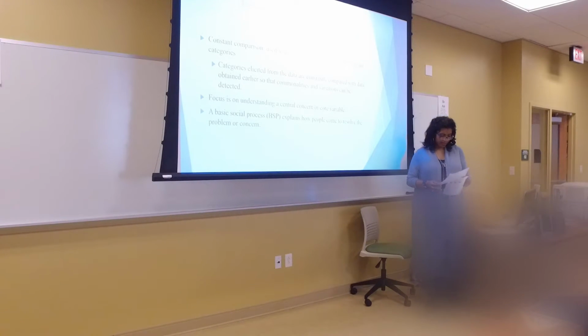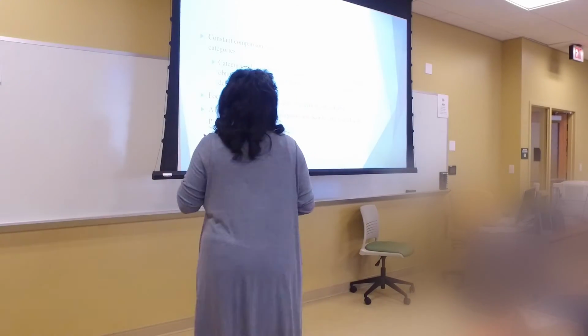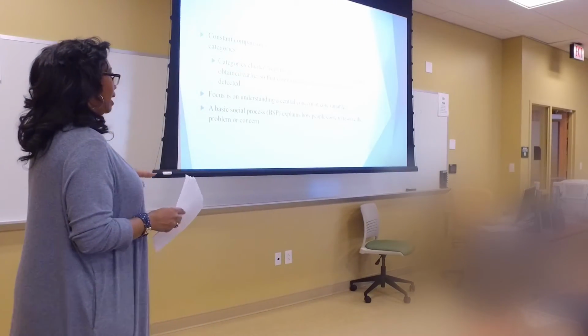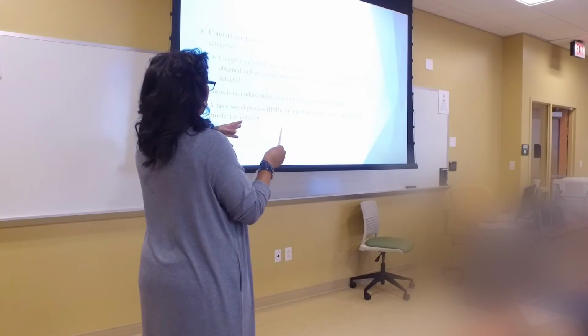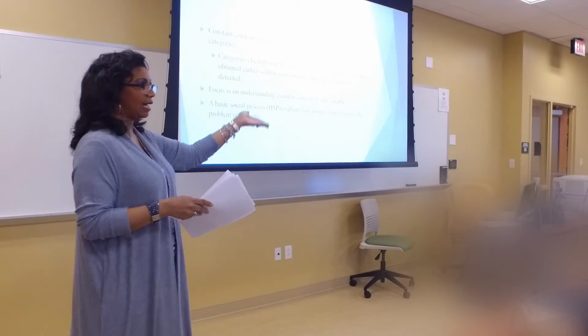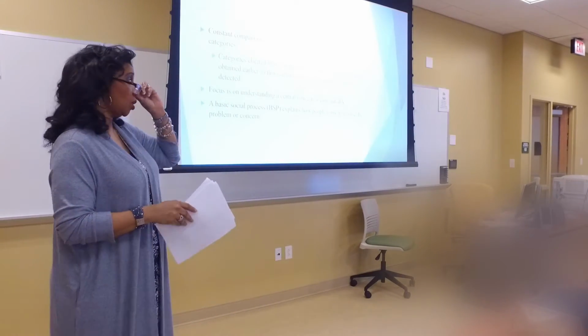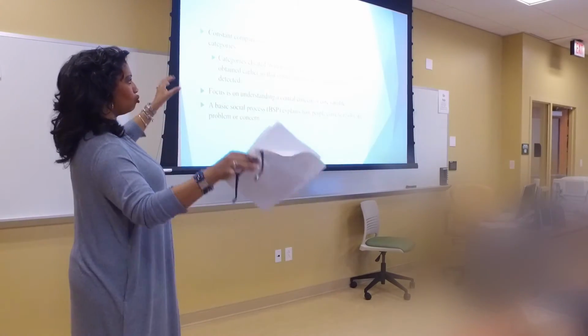The key here is there is a constant comparison that is used to develop and refine the relevant categories. These categories basically emerge from the data that is constantly compared with data that was obtained previously. So it could be a study so that they can compare and contrast.